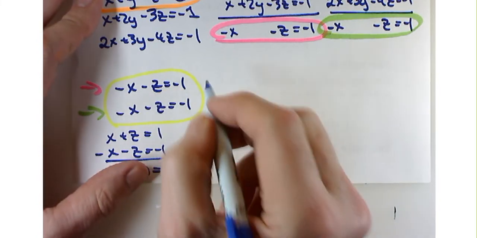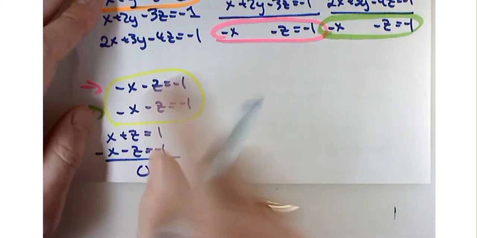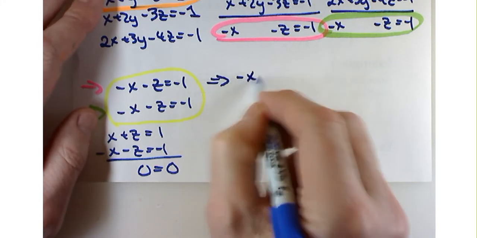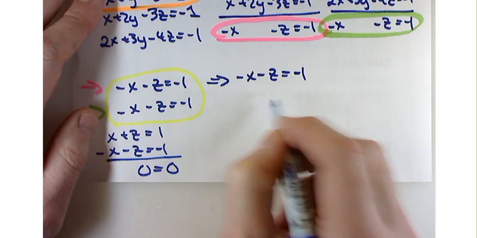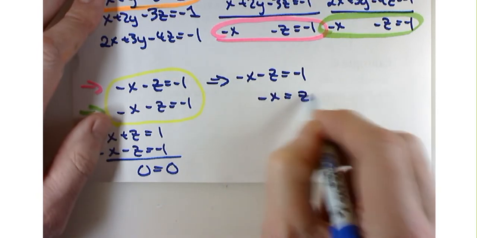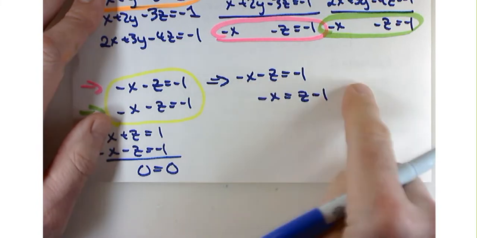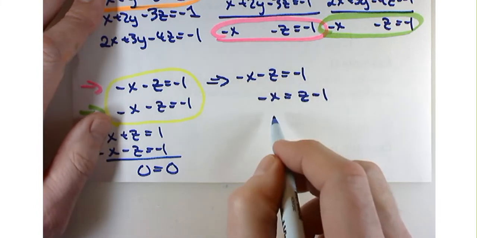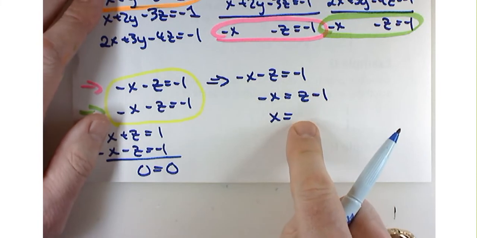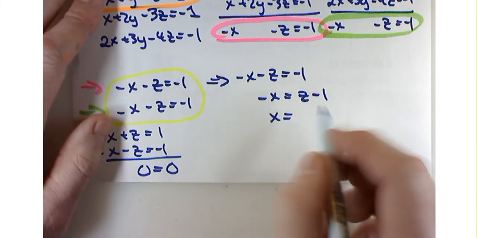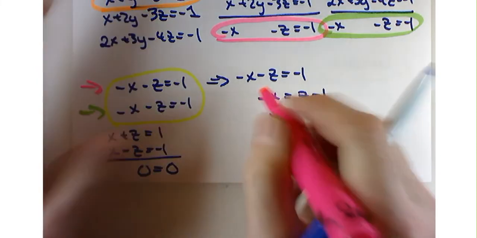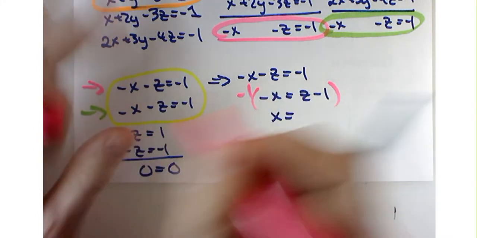So for instance, if I were to take this equation and solve it for x, negative x minus z equals negative 1, I'll get negative x equals z minus 1, moving the z to the other side. And then divide both sides by negative 1, or multiply by negative 1, depending on what you feel like more.